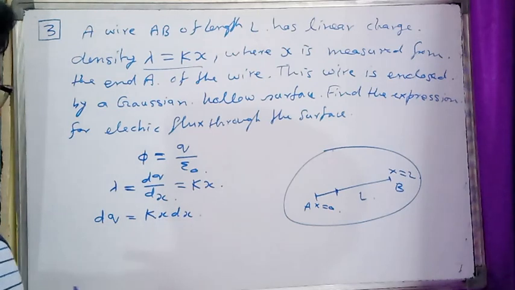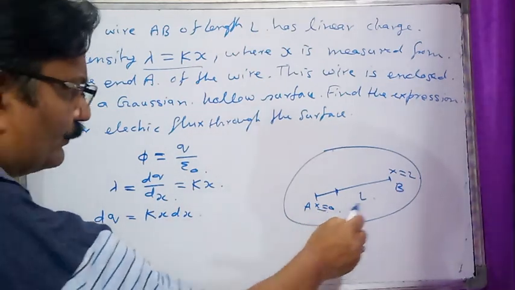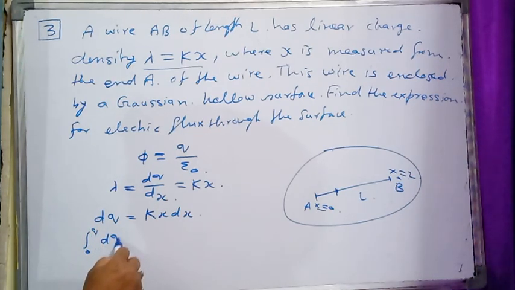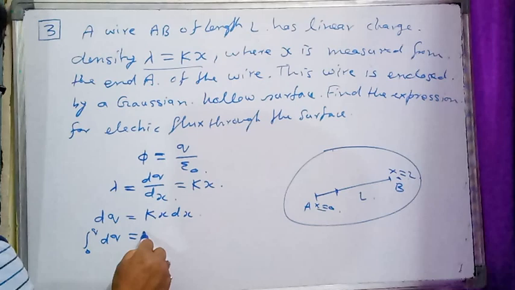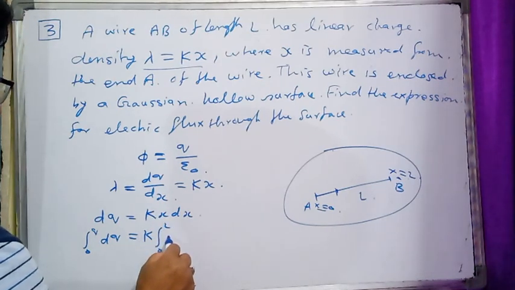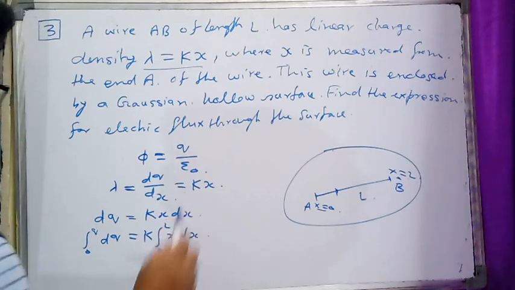If we integrate this equation with limit x equals 0 to x equals L, we can get the total amount of charge, with limit 0 to q, dq is equal to k, which is a constant, integral 0 to L of x into dx.